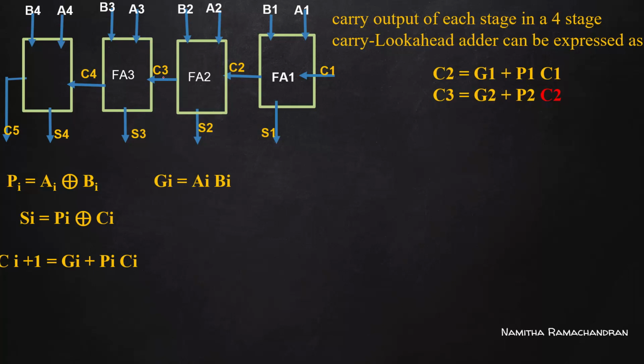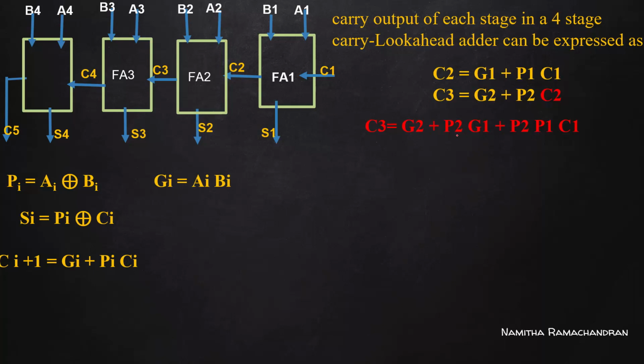Okay, and C3 can be represented as follows. What is the direct expression for C3 based on C2? C3 is G2 plus P2 C2. Now the C2 can be rewritten using our above expression of C2. So C3 now becomes G2 plus P2 of G1 plus P1 C1.